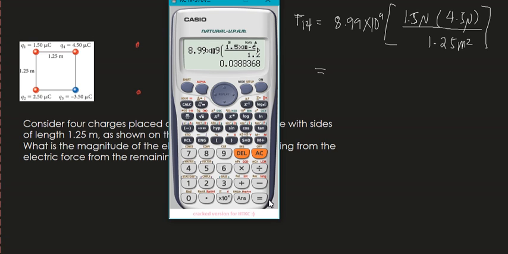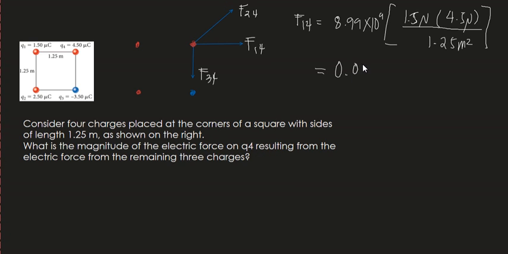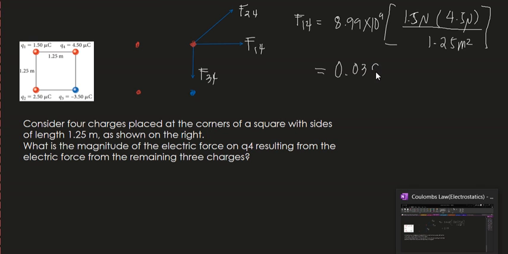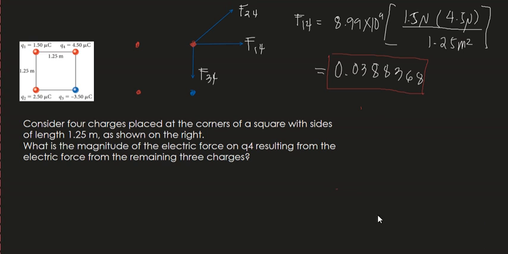So our answer will be 0.0388368. So this is our F14. That is only F14. Next we are going to solve our F24.